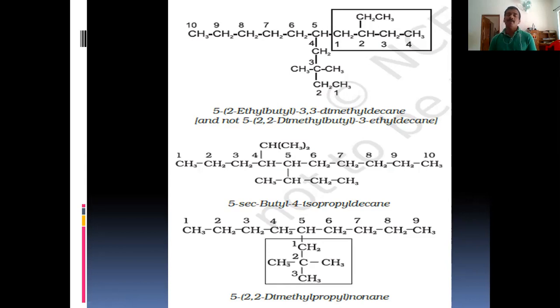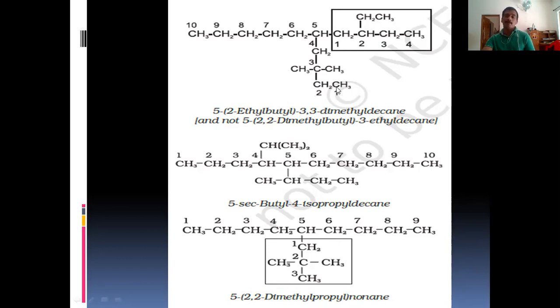But when there are such 2 possibilities, you have to select the part with more substituents as the part of the long chain. So here 2 methyl groups are substituted. Here only 1 ethyl group is substituted. So you have to consider the former as the part of the long chain of hydrocarbon or root alkane.